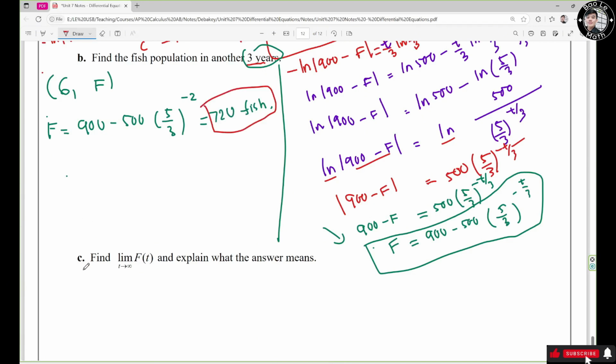Now let's move on to question C. Find the limit of f of t when t approaches infinity and explain what the answer means. Alright, so we have limit f of t is right there.